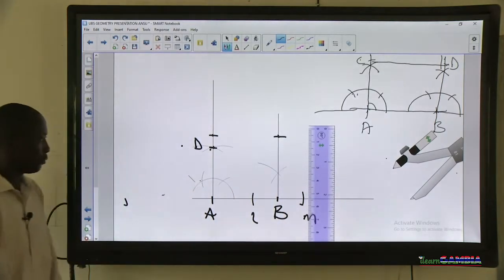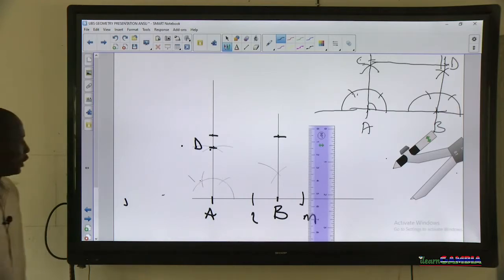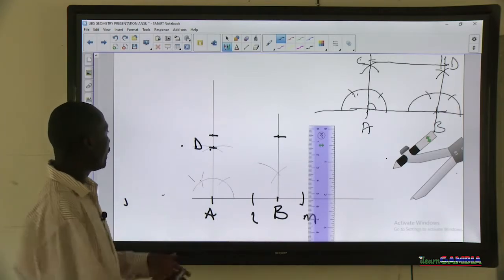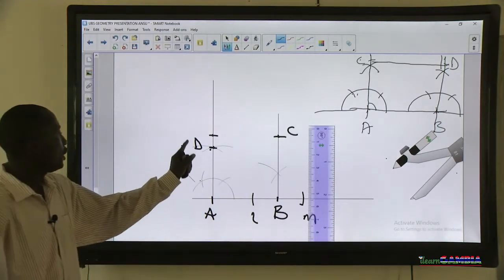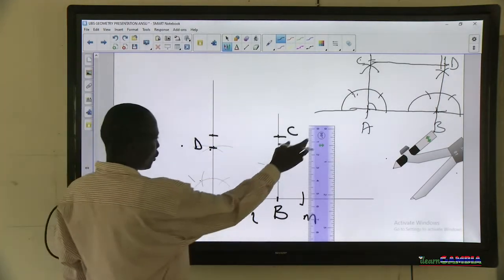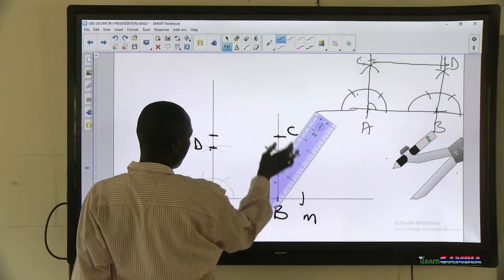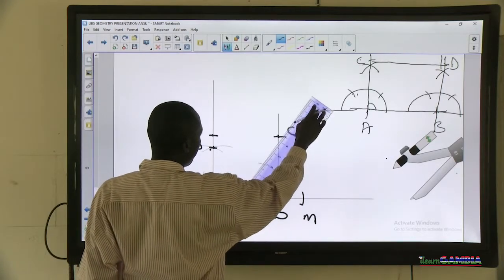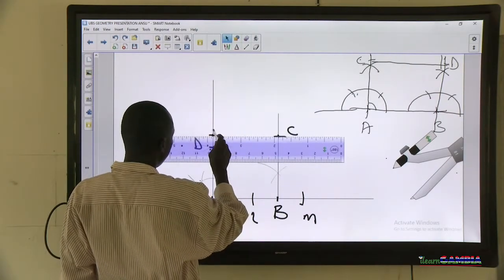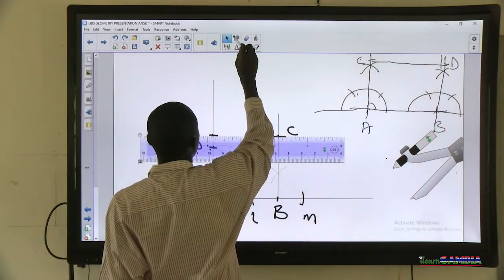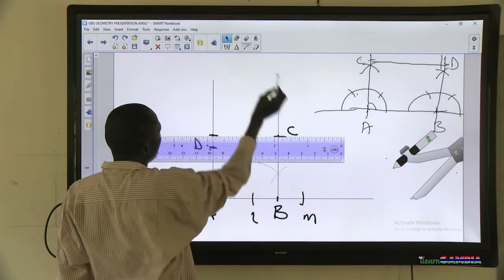BC is 5 centimeters. So what we do is we join C to D, or D to C. Take your ruler, and join with our construction lines.